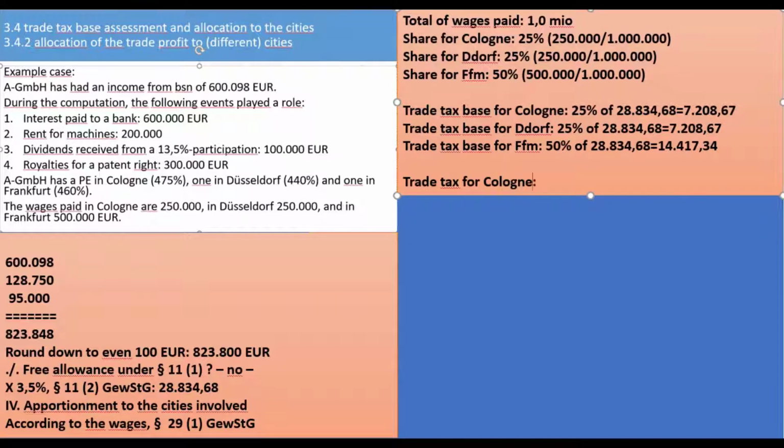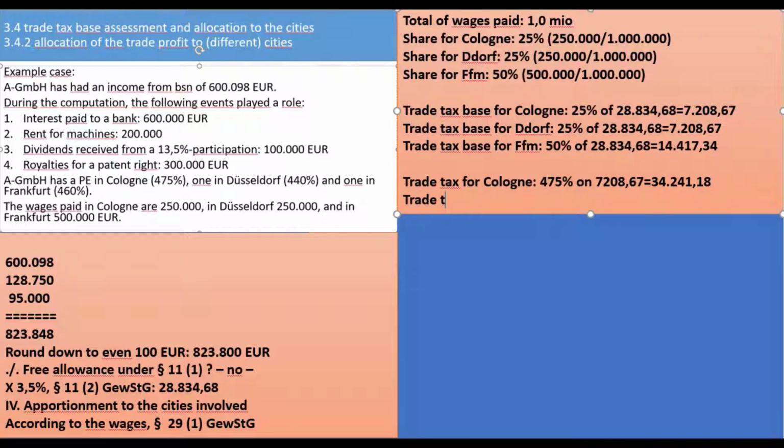So we would have the trade tax for Cologne for 475% on 7,208.67. And if my calculator is right, that's 34,241.18. The trade tax for Düsseldorf would be 440% on this figure.